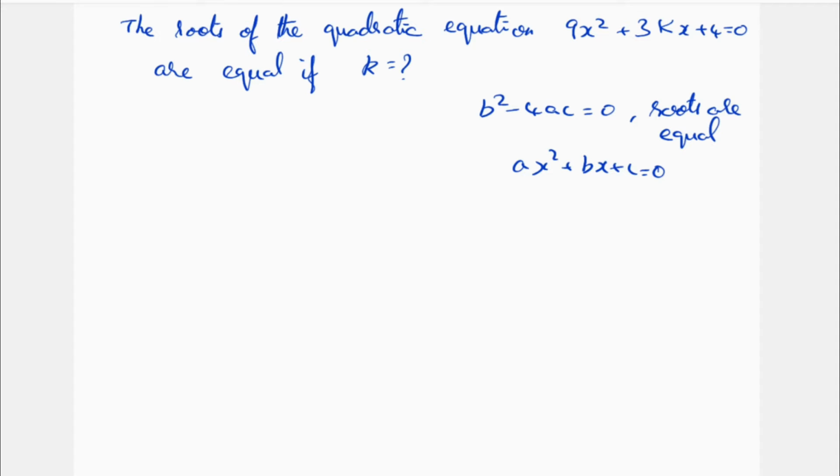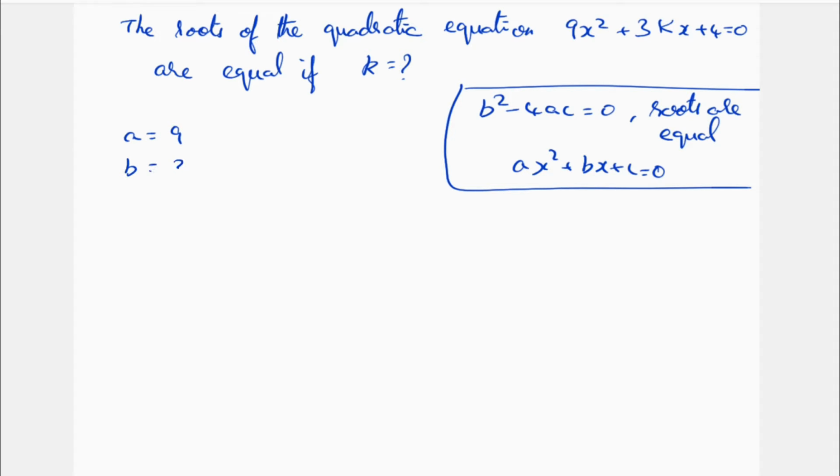From there only we are getting this. So in the given equation, 9x square plus 3kx plus 4, a is equal to 9, the coefficient of x square, b equal to 3k, which is the coefficient of x, and c is the constant, which is equal to 4.